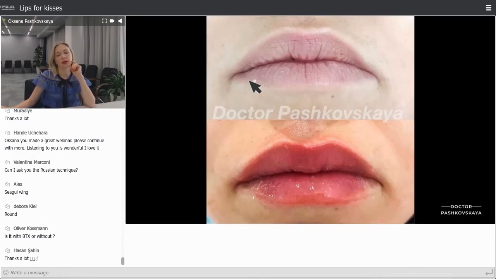And also look, it's a young girl with dropped corners of the mouth. The issue is the muscle, the DAO.